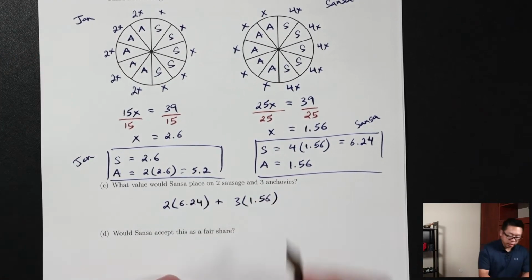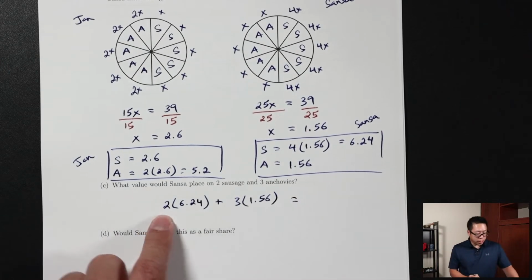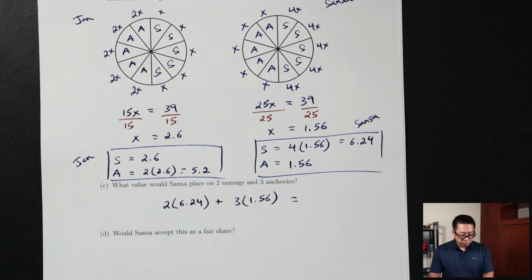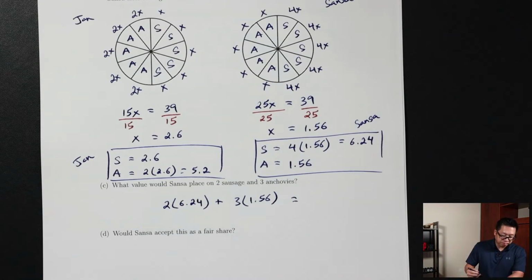And then let's do this on a calculator. 2 times 6.24 plus 3 times 1.56. 17.16.